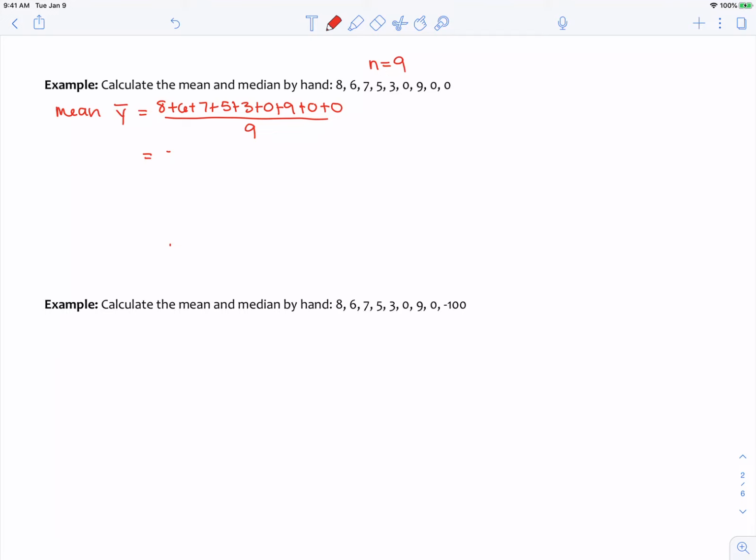Now in this case, it comes to 4.22222 repeating, but the general rule of thumb in class is that you're going to want your mean, so any of the statistics we calculate, to go to one decimal place more than what the data values were in the data set. This is for quantitative calculations, so things like mean and standard deviation, which we'll go over in a little bit, median as well when you're needing to take an average.